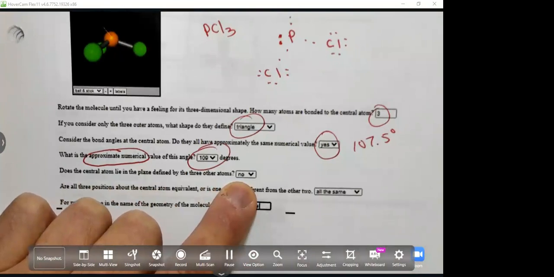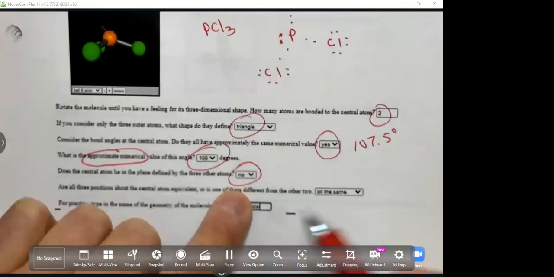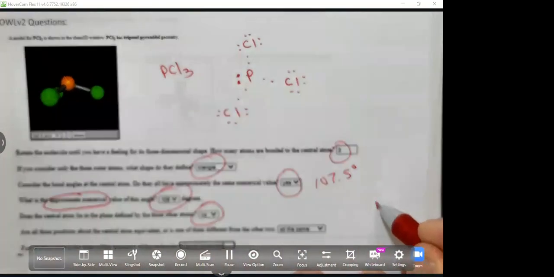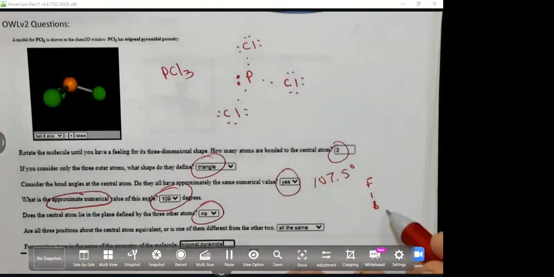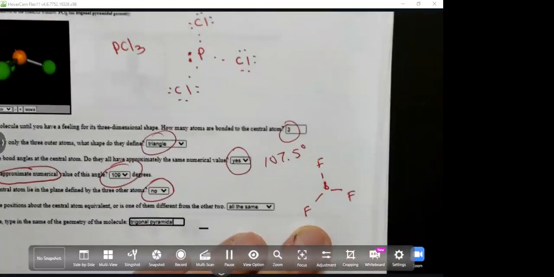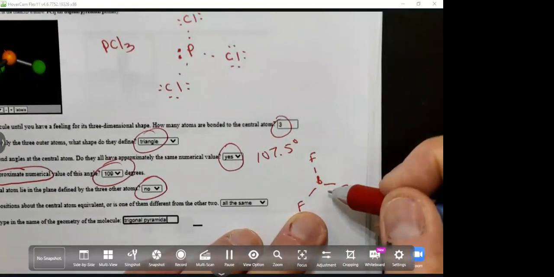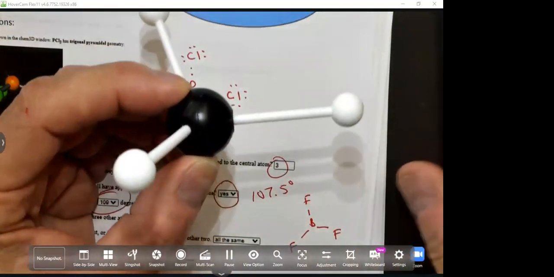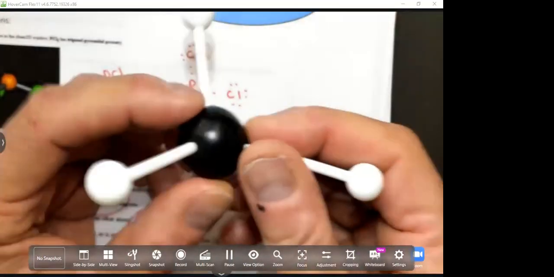Now, does the central atom lie in the same plane defined by the 3 other atoms? No. What would be an example of when they're in the same plane? It would just be like boron trifluoride, where it's 2-dimensional. But when you have a 3-dimensional structure like this, if you took this central atom and just sliced it, the terminal atoms would have to be in the same plane.